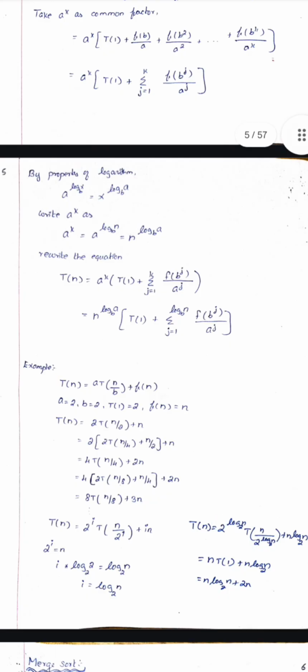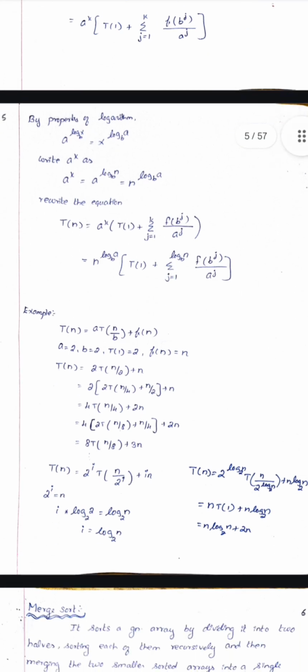By the property of logarithms, a power k can be written as a power log base b of n, then x log a to the base b, a power log base b n, that is equal to n power log base b a.